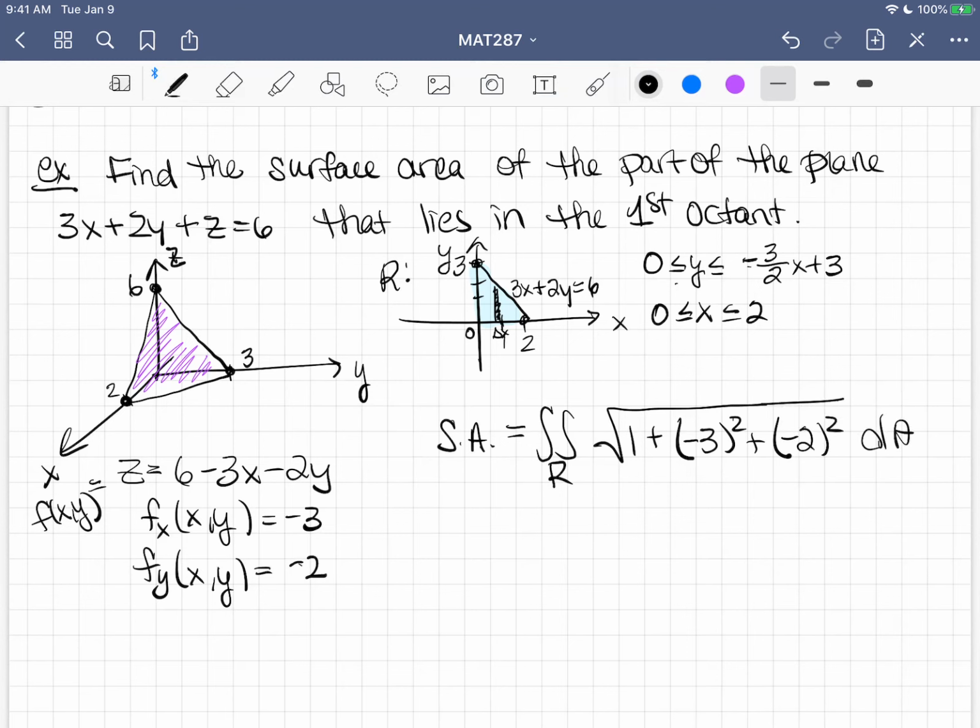Let's go ahead and fill in our bounds here. We want x to run from 0 to 2, y from 0 to negative 3/2 x plus 3, square root of, let's just do that, I have 9 plus 4 plus 1, so square root of 14 dy dx.